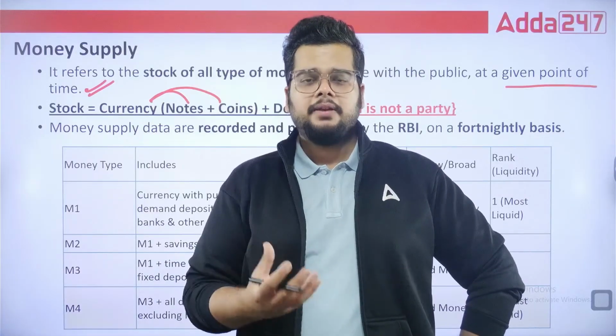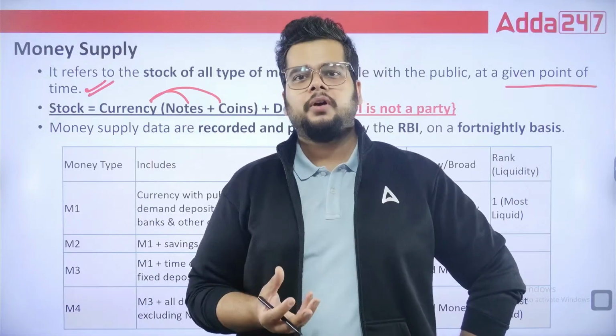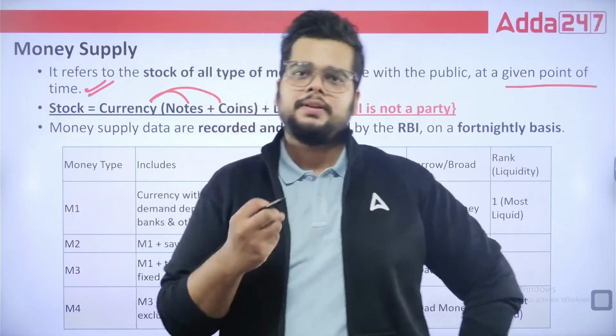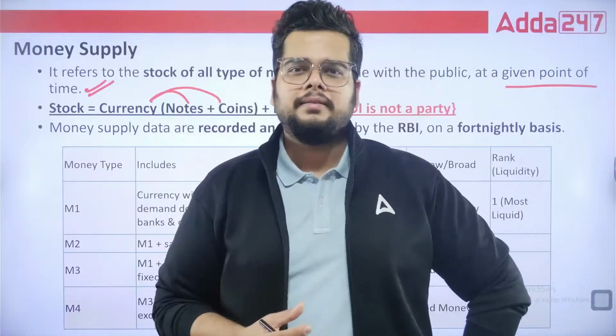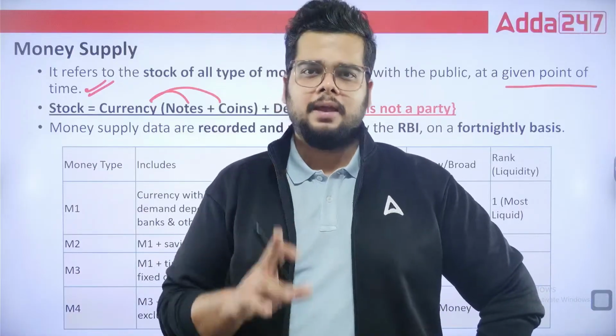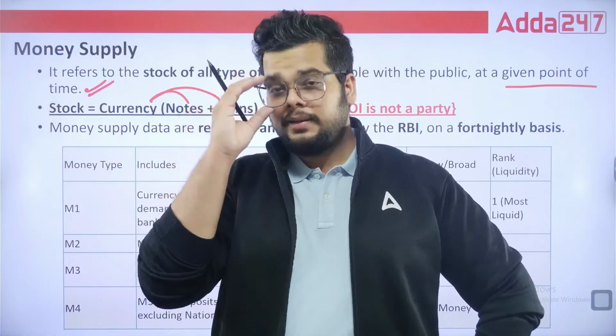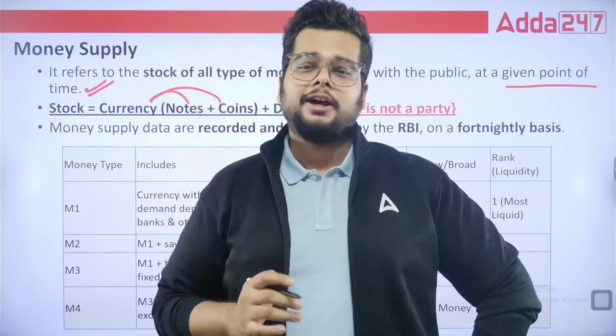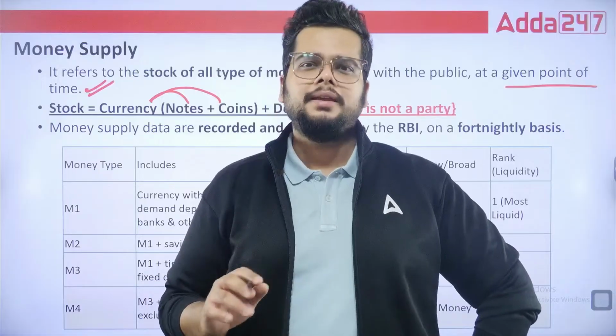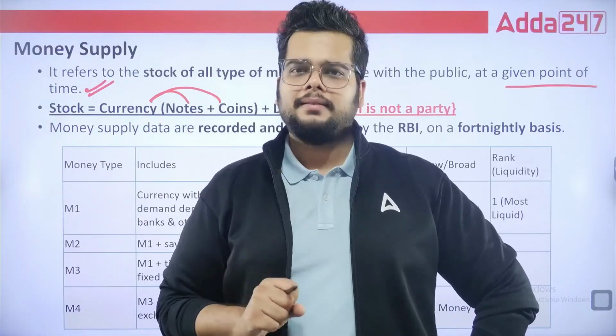And where you have a holistic picture of the deposits in a country, you will say that this is known as the broad money. For us, it is M3, and for most countries also, it is M3 only. You might see one or two components here and there for other countries, but more or less the measure will remain the same, that is M3.